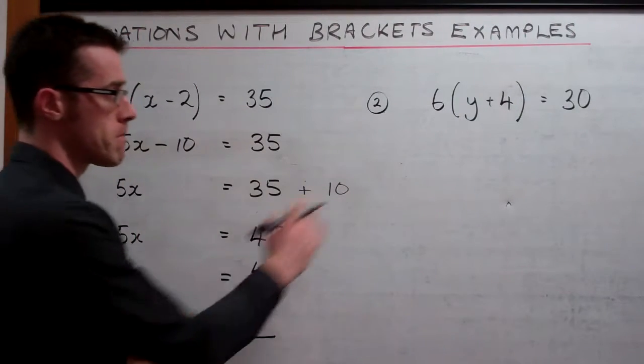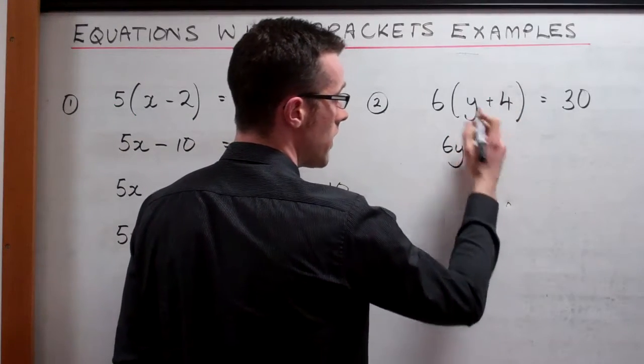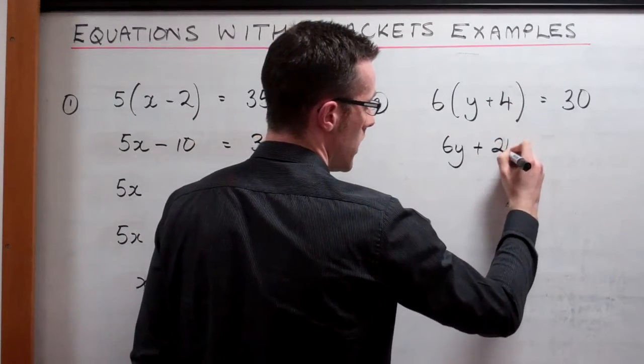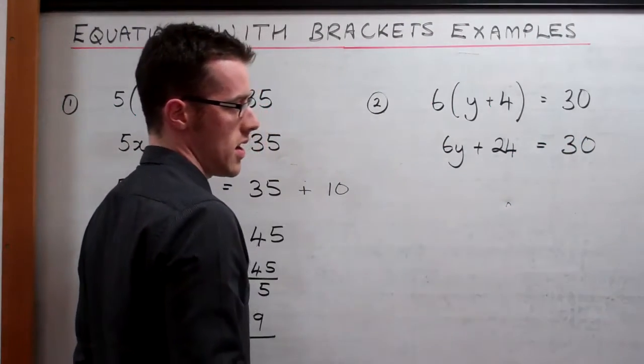Okie dokie. Right, next one. So we've got 6y, if we break the bracket, we've got plus 24 here, and we've got 30, that just stays as it is.